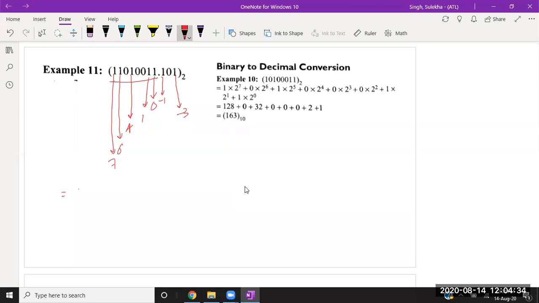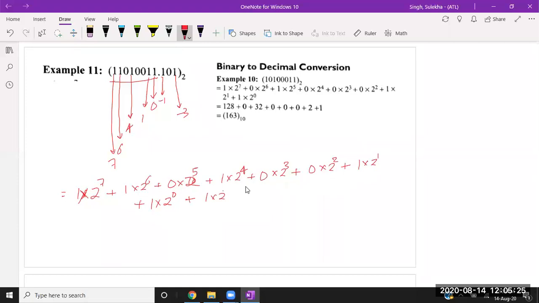Since you are converting from binary to the decimal number system, you write 1 into 2 to the power 7 plus 1 into 2 to the power 6 plus 0 into 2 to the power 5 plus 1 into 2 to the power 4 plus 0 into 2 to the power 3 plus 0 into 2 to the power 2 plus 1 into 2 to the power 1 plus 1 into 2 to the power 0 plus 1 into 2 to the power minus 1 plus 0 into 2 to the power minus 2 plus 1 into 2 to the power minus 3. That is the full expression.